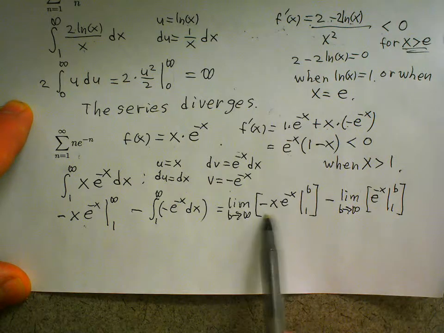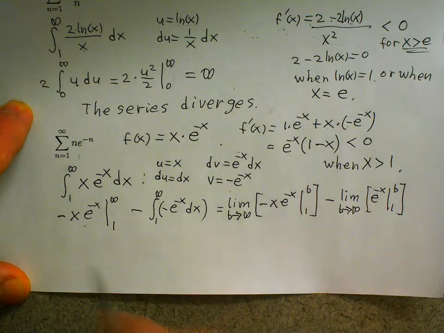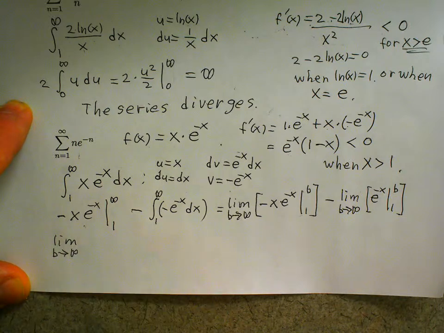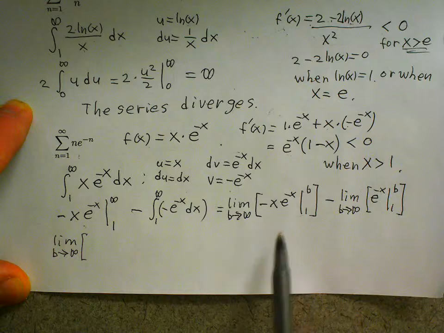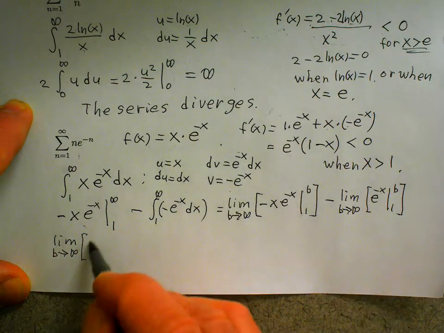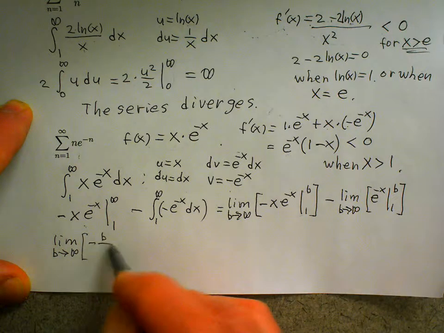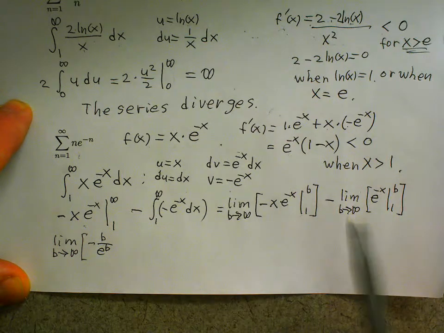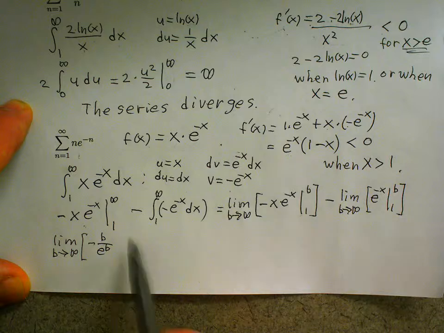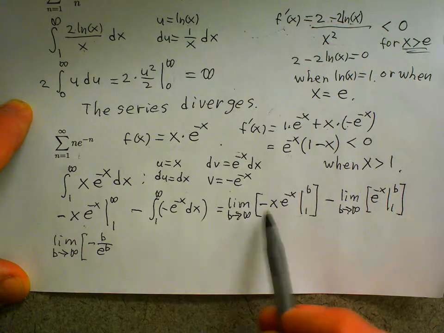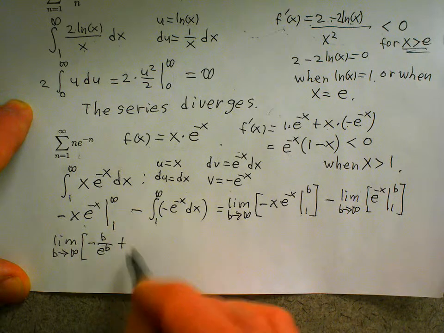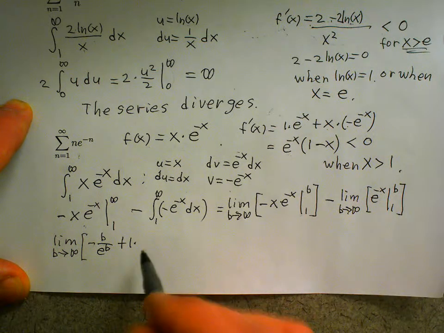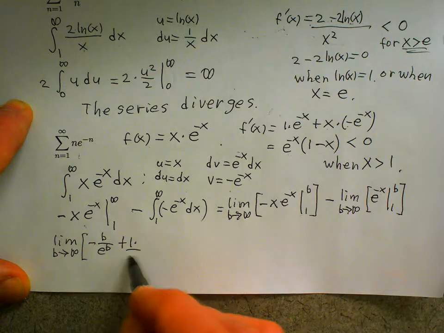Okay, so when we evaluate this, we get, let's write it as negative b over e to the b instead of e to the negative b. And then we're subtracting a negative, so we're going to add 1 times e to the negative 1, or just 1 over e.